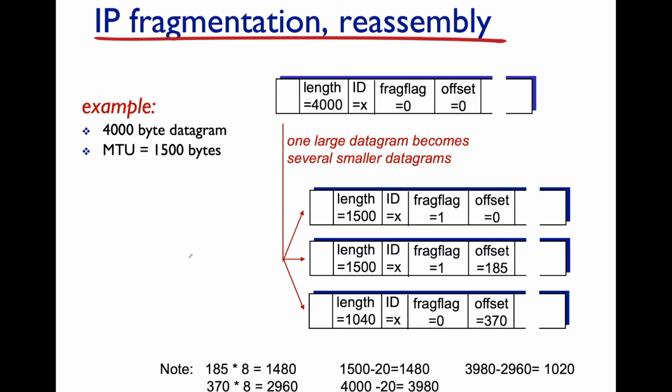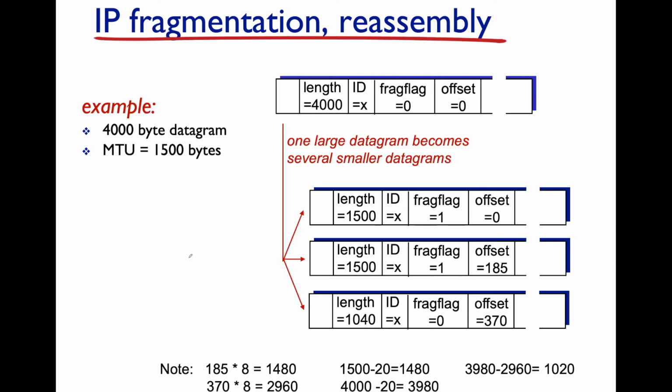We have two 1480 payloads for the first fragment and for the second fragment, and that 1480 plus 1480 is 2960. Now for this 2960, that leaves us, as we said, 40 to 3000. That's 1040 is going to be the amount of data for that last fragment.